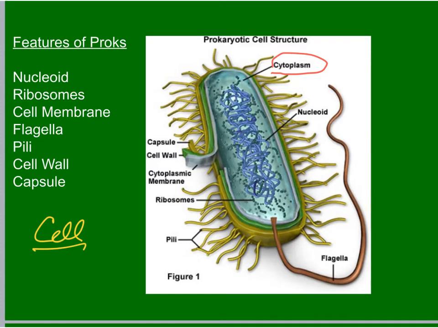So both prokaryotes and eukaryotes have cytoplasm. Flagella is an interesting one because this particular bacteria has a flagella, and we know that some human cells have flagella. So that can be a similarity. It could also be a difference, and I'll explain that in a moment. Okay, let's see. There is a cell membrane, and so all cells have a cell membrane.